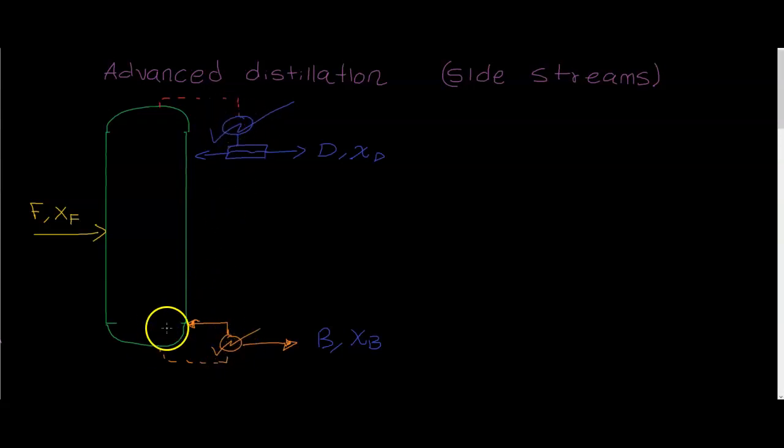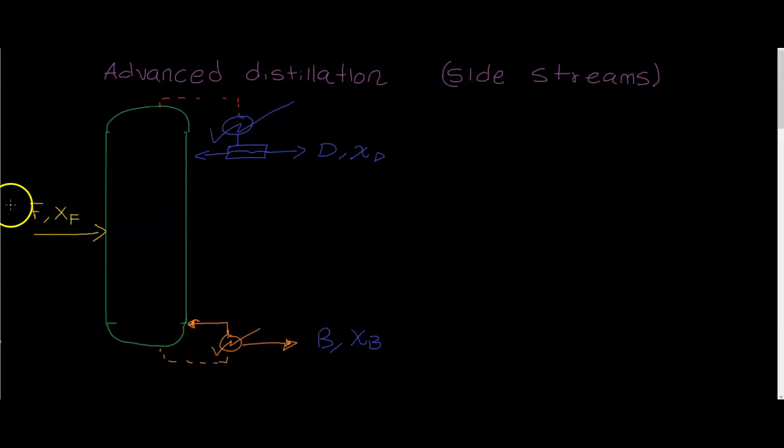And at the bottom, what you will get is a liquid, which is going through a heating unit, which is going to produce, let's say, a stream with a higher temperature, and it's going to vaporize, right? So there are many things we could analyze about this, but what I want to focus on in this video is the side streams.